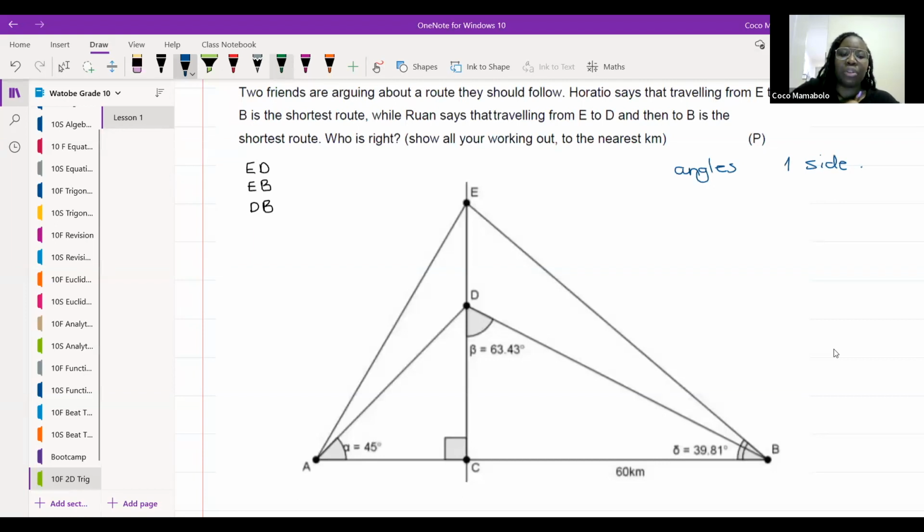A whole lot of angles and one side. Are we going to be able to use Pythagoras? No, not at all. We won't be able to use Pythagoras. We don't have enough sides. I love that. Good, Mawande. We don't have enough sides. So what is our only option here?